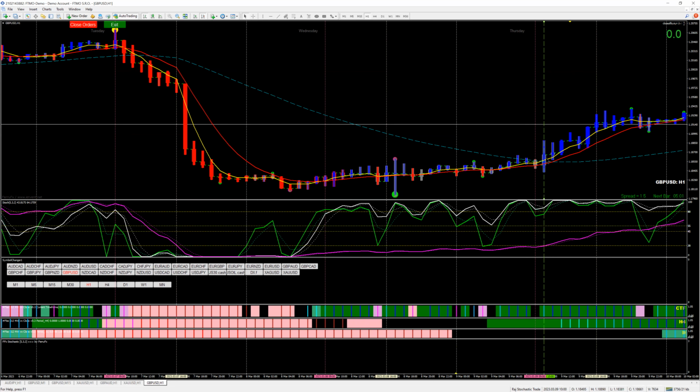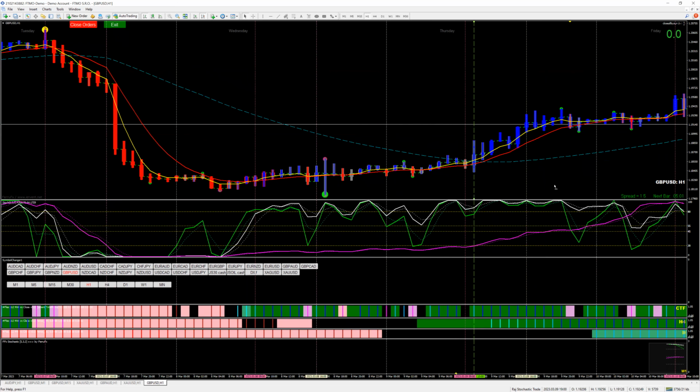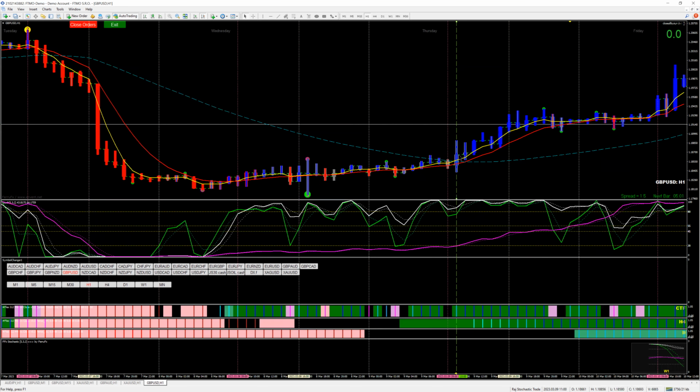When we do this, we've determined which candle we want to enter on, and you can see the stochastic trough right here. We can start looking for an entry on the 5-minute chart. So you go to the 5-minute chart.